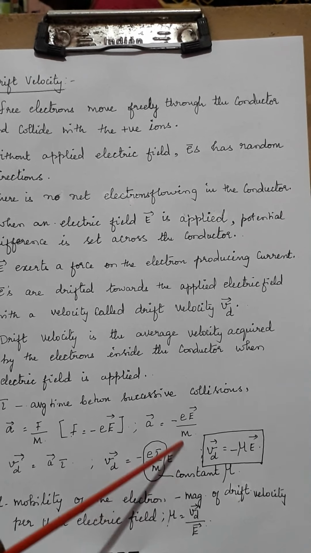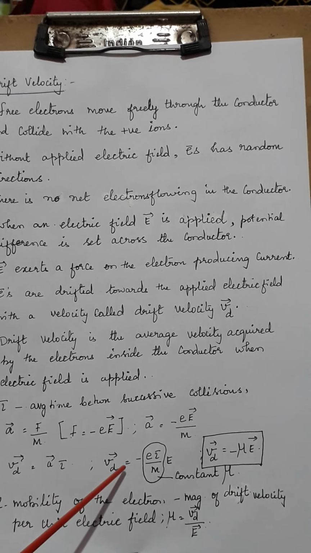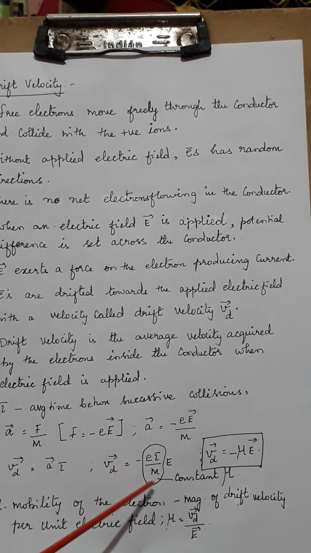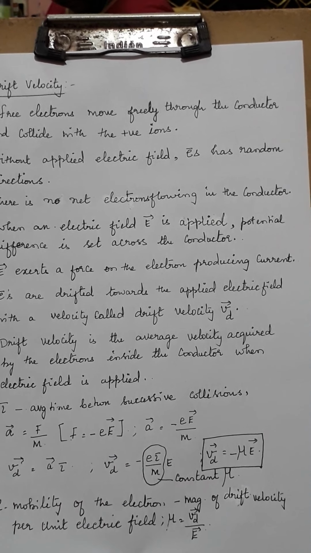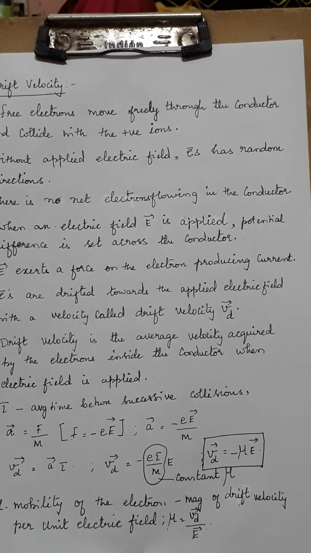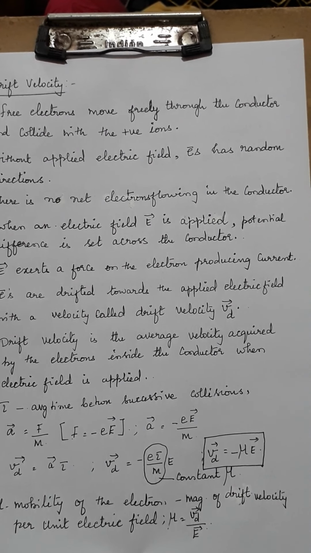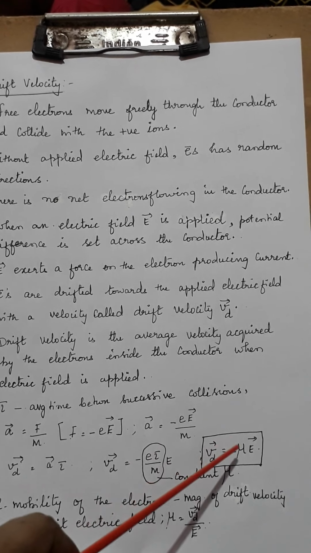So I rewrite this equation, where Vd, the drift velocity, is equal to -eτ/m into E, out of which this part is a constant: the electron's basic charge, the mass of an electron, and tau are kept constant. I can rewrite this term as mu.